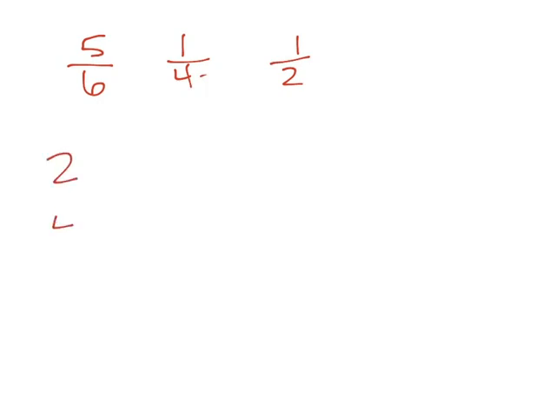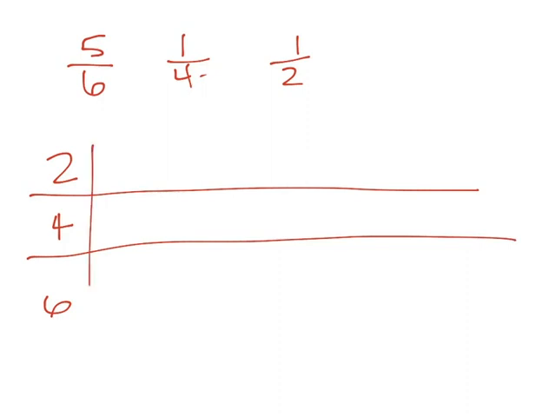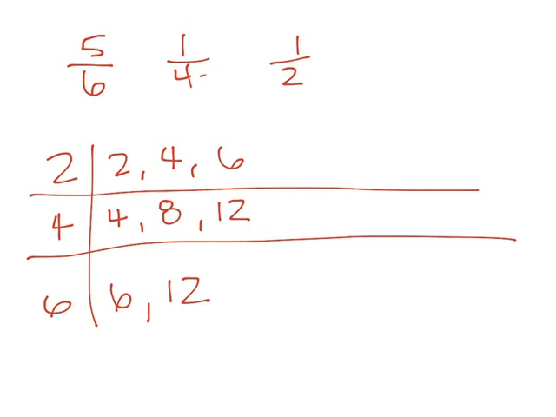So I'm going to draw my little chart here. I think 2, 4, 6. Well, if I do this, 4, 8, 12. I do here 6, 12. Looks like 12 could possibly work. Let me try and keep going with the 2. 6, 8, 10, 12.